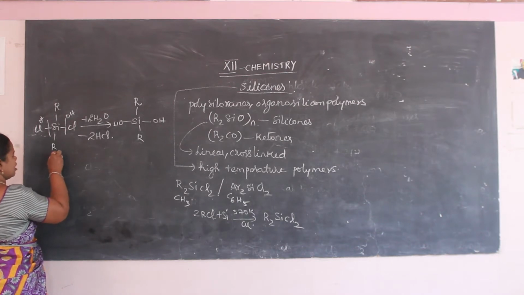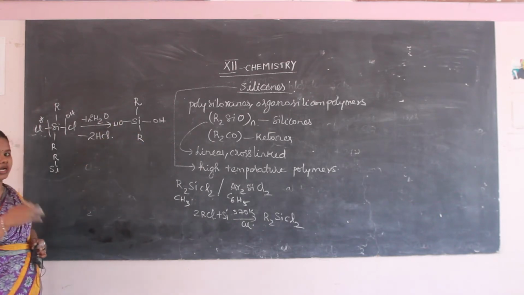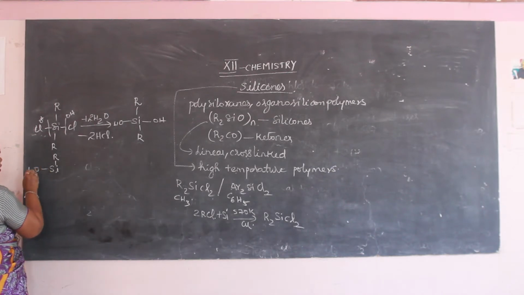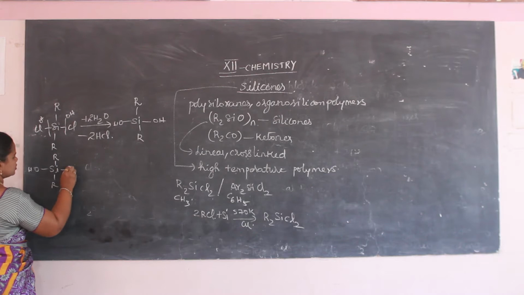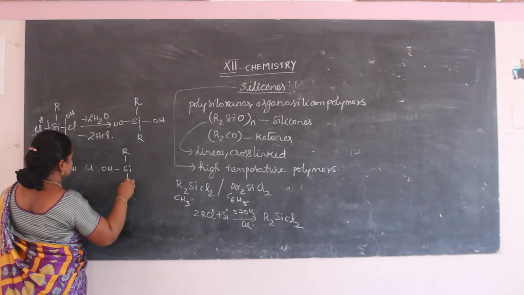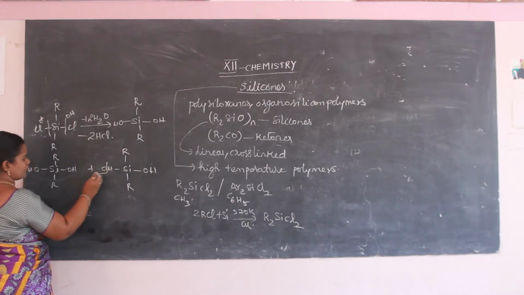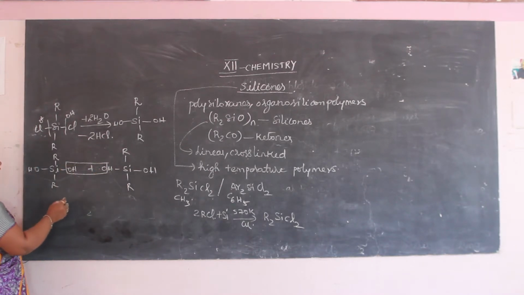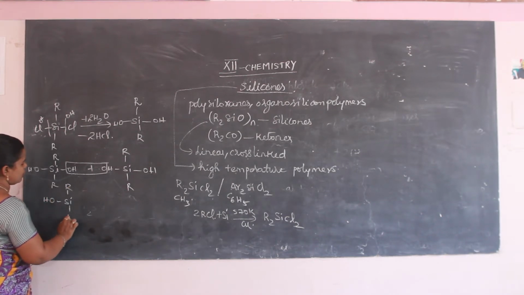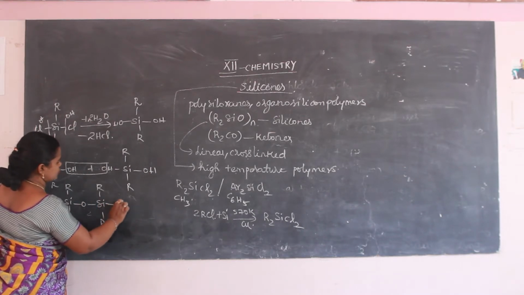On subsequent treatment of this hydroxy compound with another such compound, one water molecule is removed. Attach the remaining parts together and we get HO-SiR2-O-SiR2-OH.